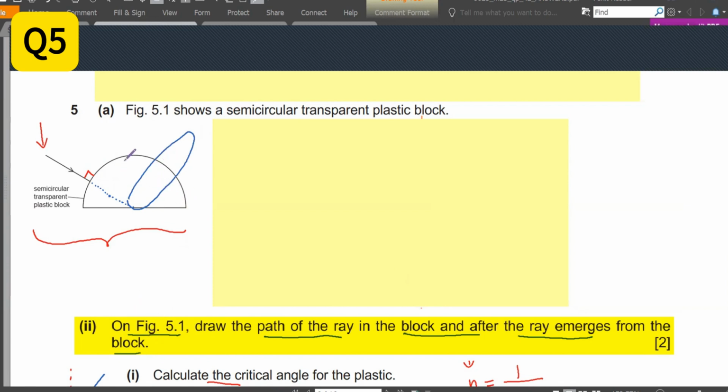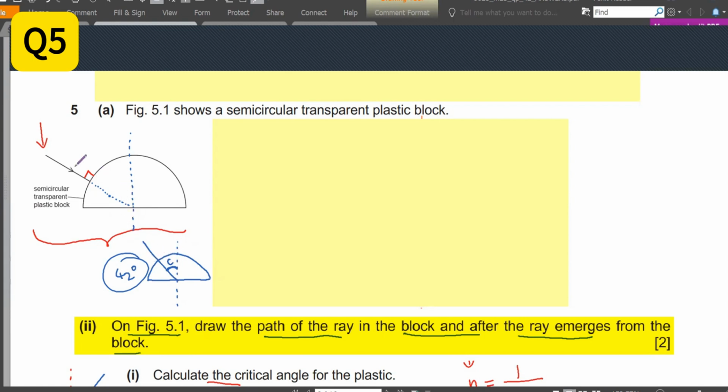So what we need to do here is, first, we already know that the critical angle is 42 degrees. How do we measure the critical angle? It is the angle between the light and the normal. So this is how we measure the critical angle.